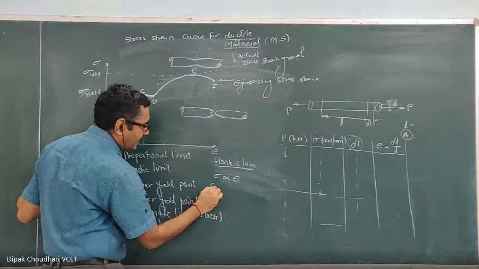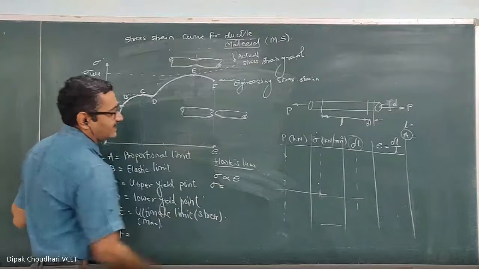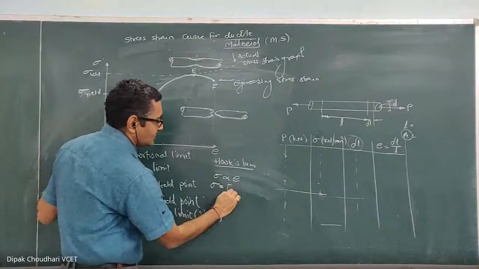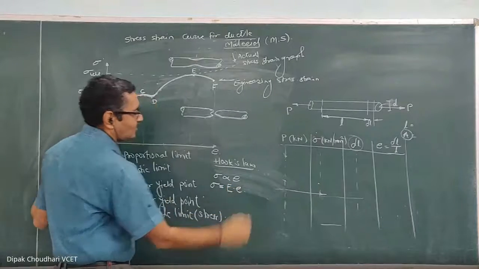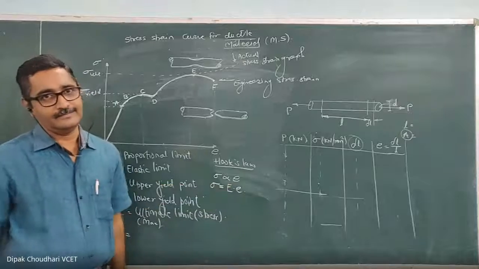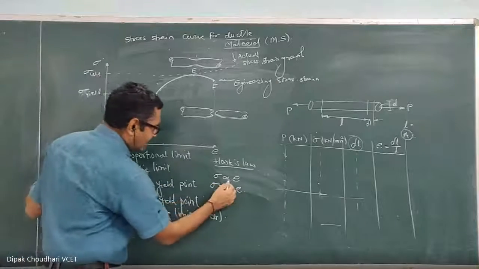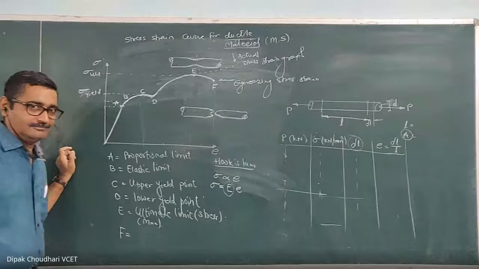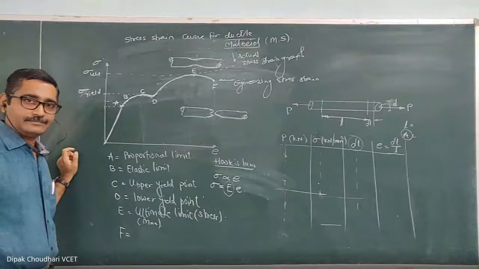Here, if I replace this proportionality sign by the equality sign, let's introduce one constant of proportionality, and that constant of proportionality is known as the modulus of elasticity. Okay, so this is again one of the properties of the material, modulus of elasticity.